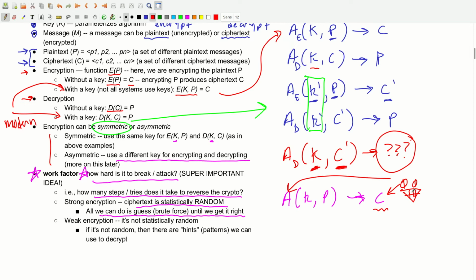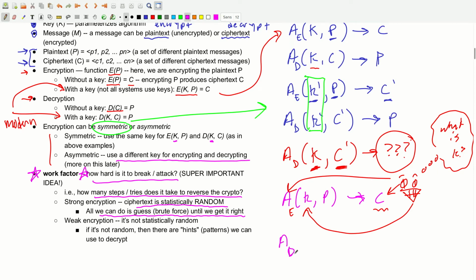So the only way that the bad guy can figure out what this message really is, the only way they can get P, is if they can guess K. If they can guess K, then the bad guy can do decryption with K and the ciphertext and get P out. That's their goal.